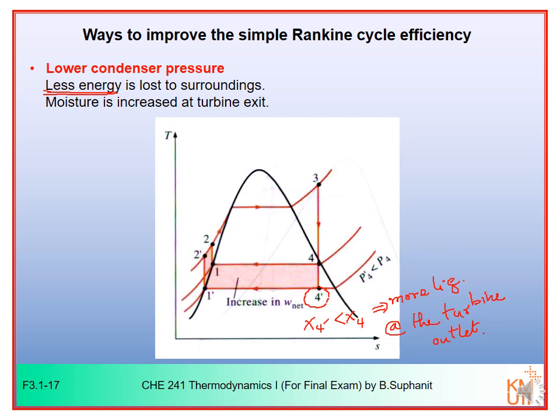Increase the superheated temperature, increase the boiler pressure, reduce the condenser pressure. We may have to do all of them.